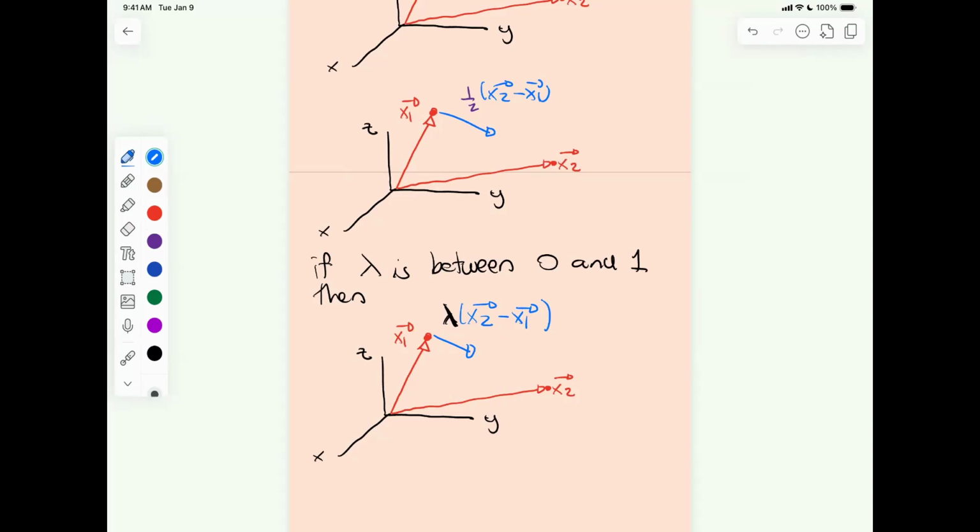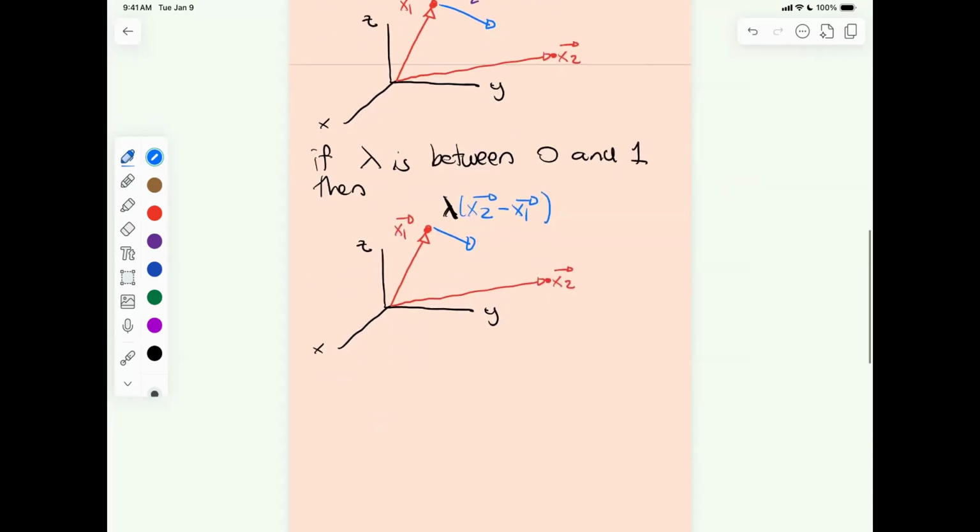Okay, and so why am I doing that? Because now this new rescaled vector, by the way, the extreme cases, I'll say in a moment. It's better to write the formula first completely. So you have the red vector, which is x1, and the rescaled version of the blue vector, which is lambda times x2 minus x1.